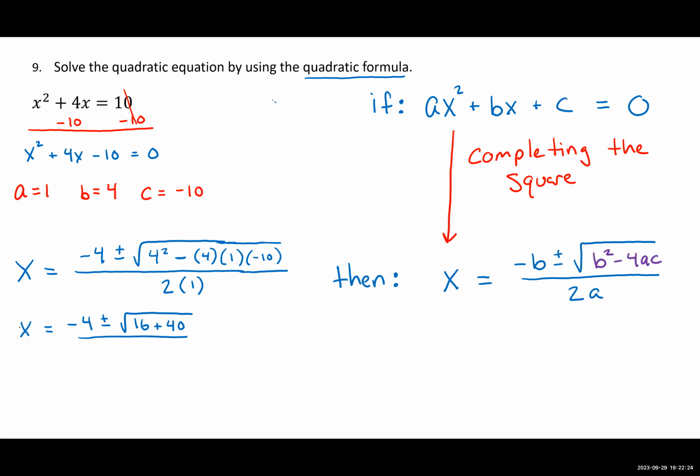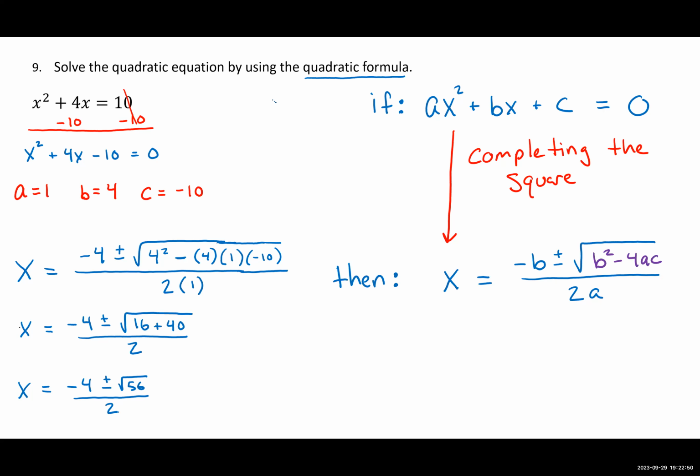All divided by 2 times 1, which is 2. So now we can do 16 plus 40 under the square root. That is 56. So we got x is equal to negative 4 plus or minus the square root of 56, all divided by 2.